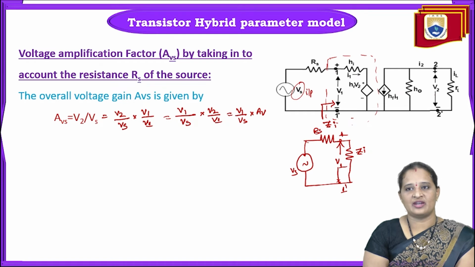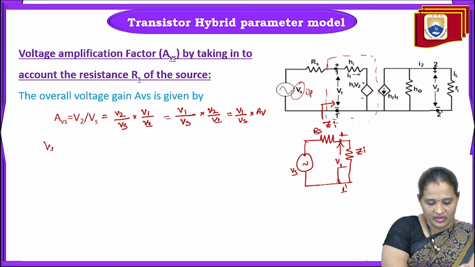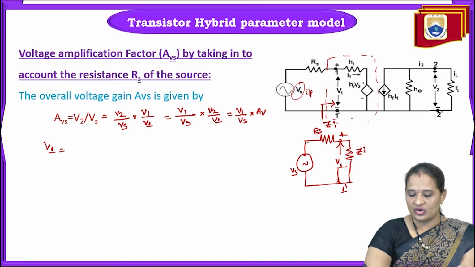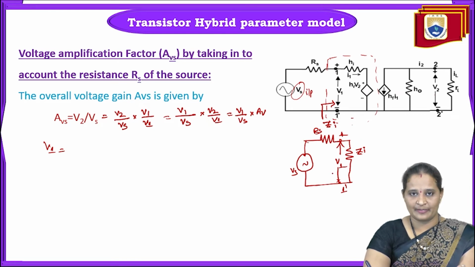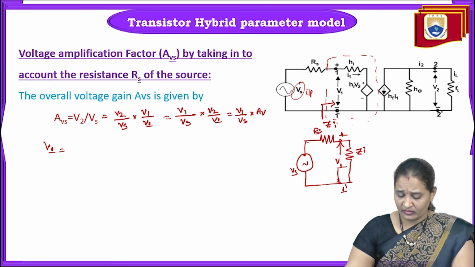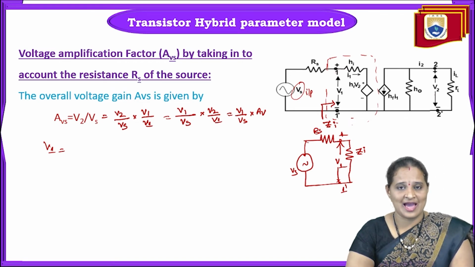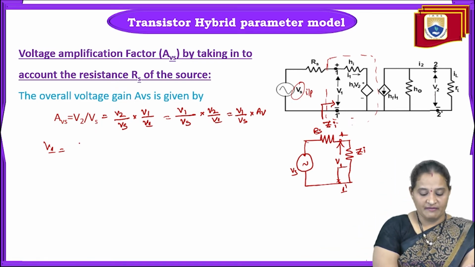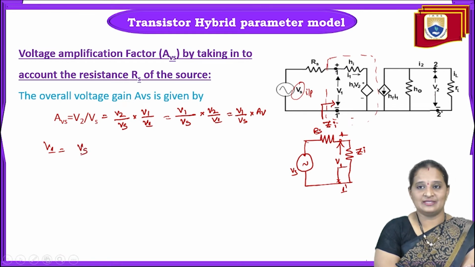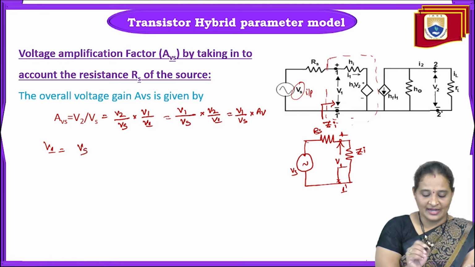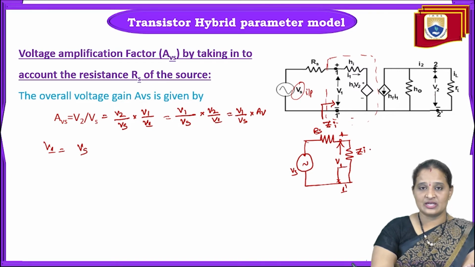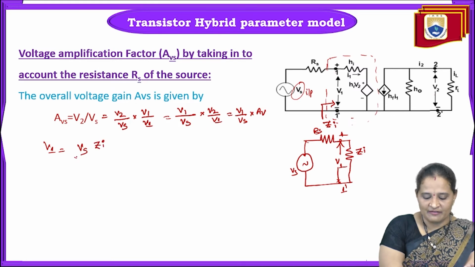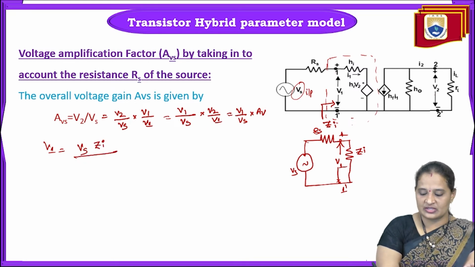Now apply the potential divider principle and calculate the value of V1. V1 is the voltage drop across the input impedance Zi. According to the voltage divider principle, V1 is given by the input voltage Vs into that resistance, Zi, divided by the total resistance.